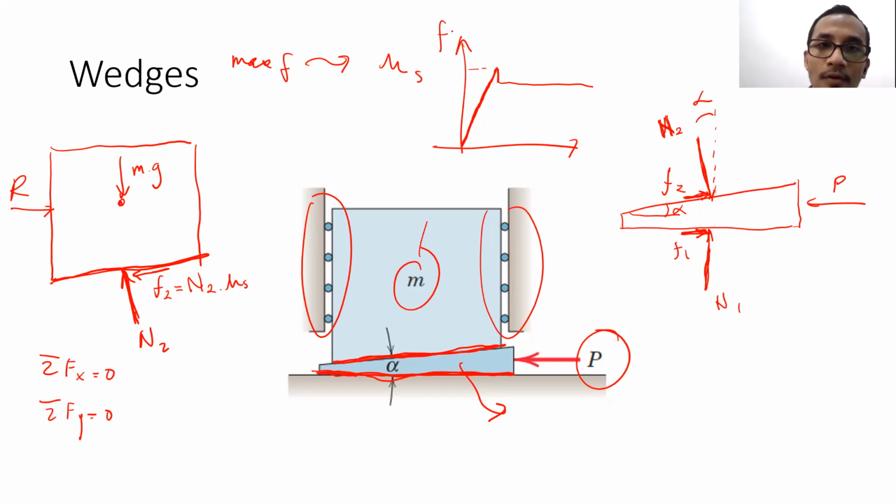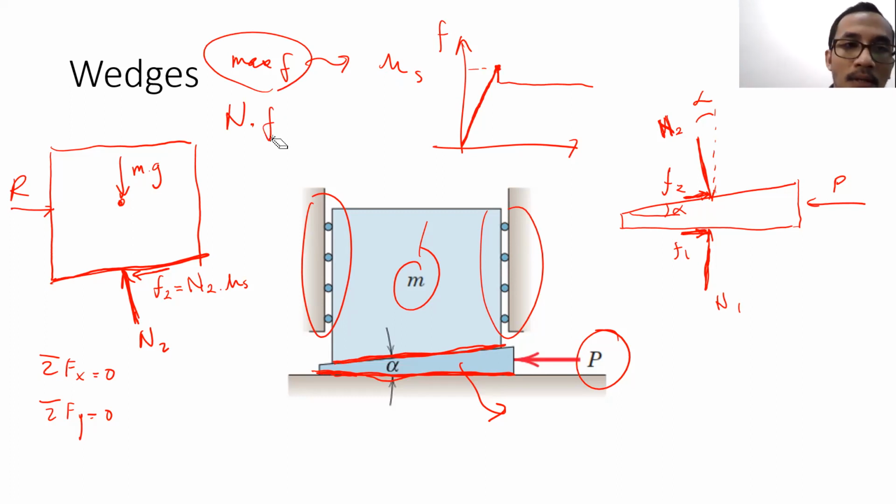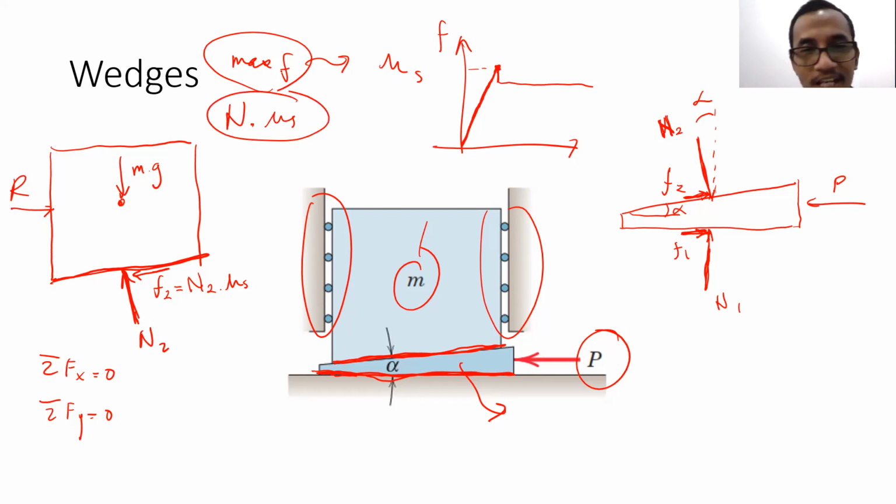The maximum friction force value is supposed to be normal force multiplied by mu s, right? So as long as the given force can handle the maximum friction force, which is normal force multiplied by mu s, then we can ensure that it will be able to move, right?